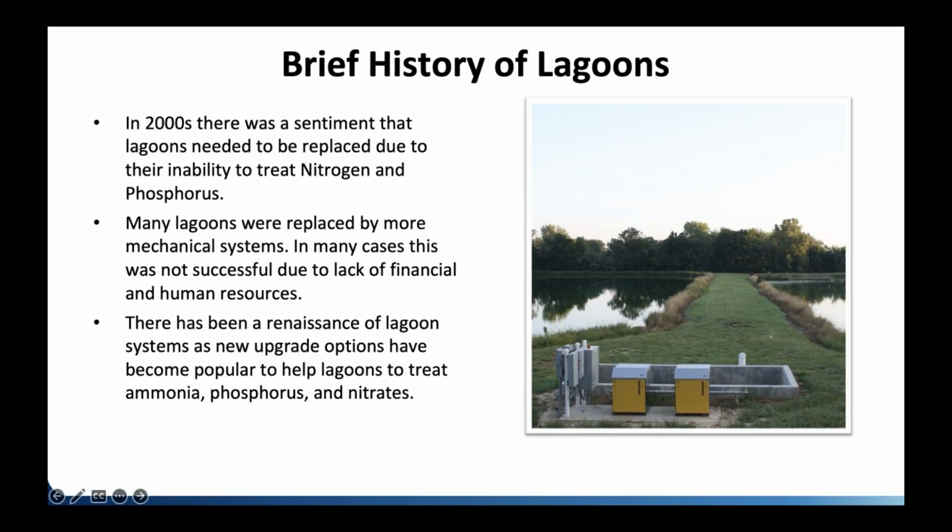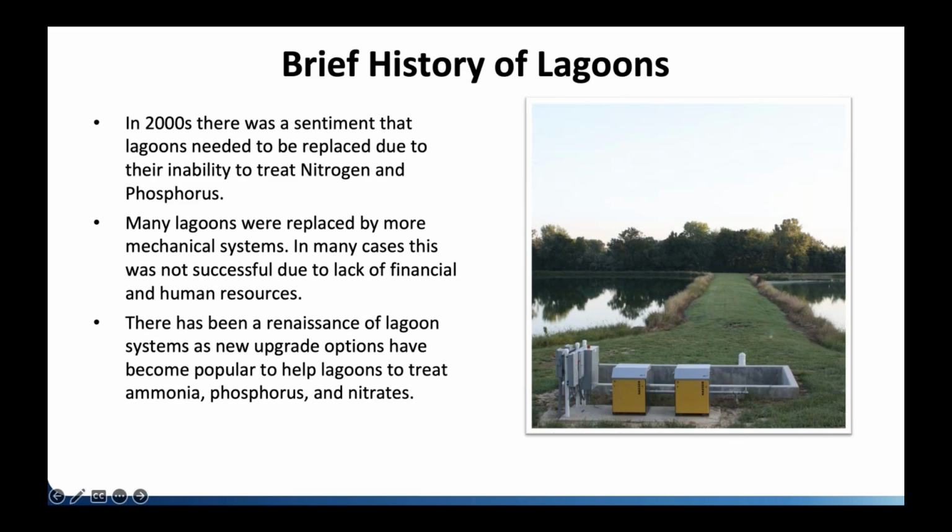Over the last 10, 15, maybe even 20 years, there's been a bit of a renaissance in terms of lagoons and actually upgrading lagoon facilities to help meet these new challenges, as opposed to replacing them.